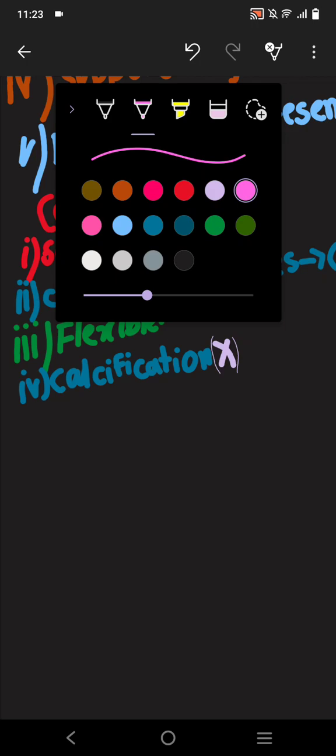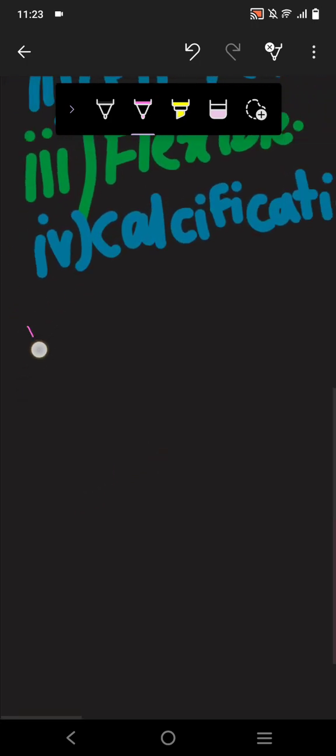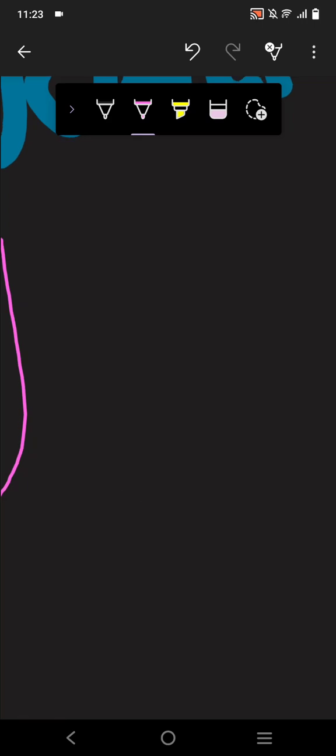Now we'll be moving towards our fifth one. The fifth one is that, as we know, bone supports the organ. So what the cartilage does is cover the ends of the bone, from joint to joint, and it supports the joint.